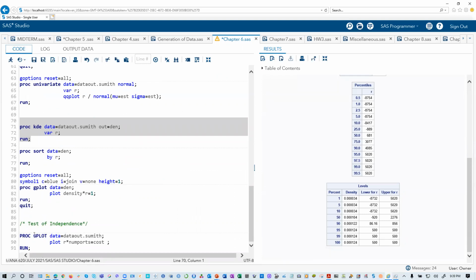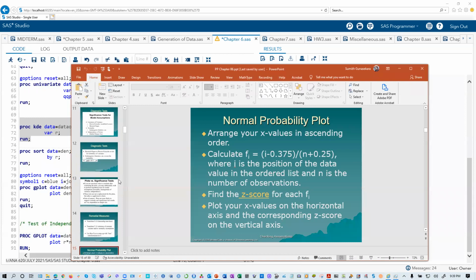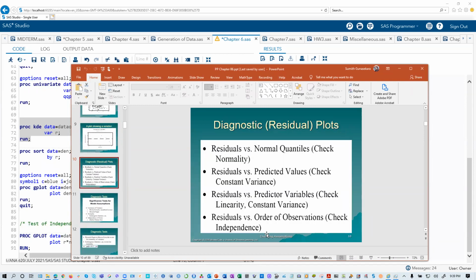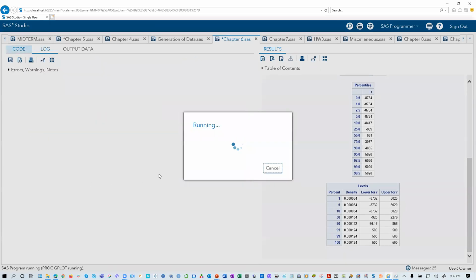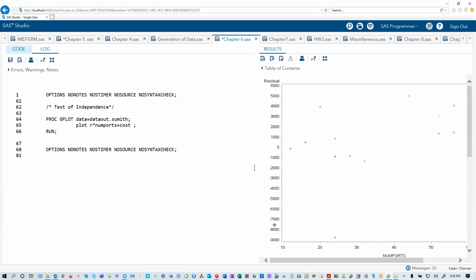On the other hand, if you want to check the independence, as I discussed here, independence can be checked by the residual versus the order of observation. That can be done even through this one. It's the same thing we saw earlier, but this is done by order, taking into account the order in which the observations came in, to check the independence.